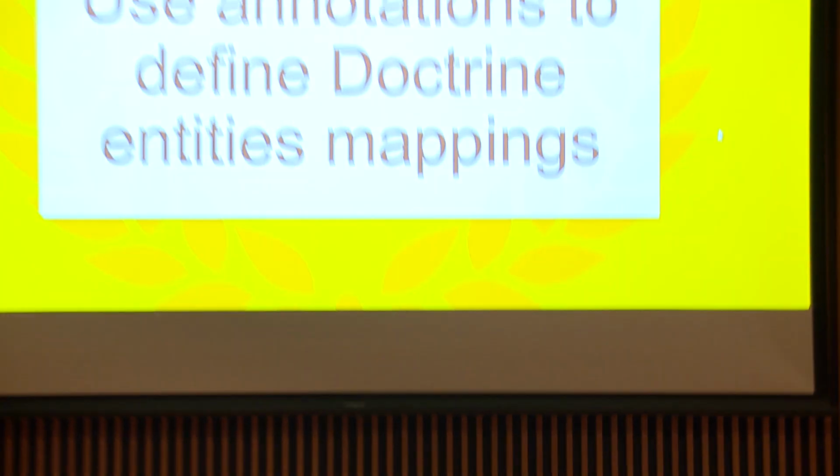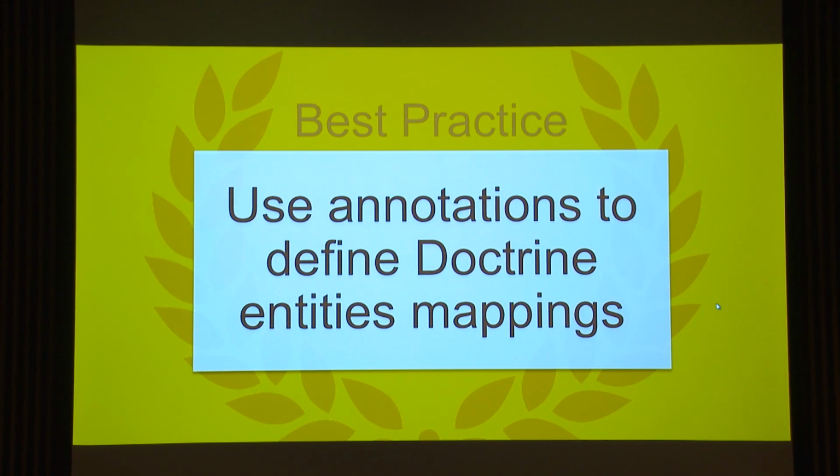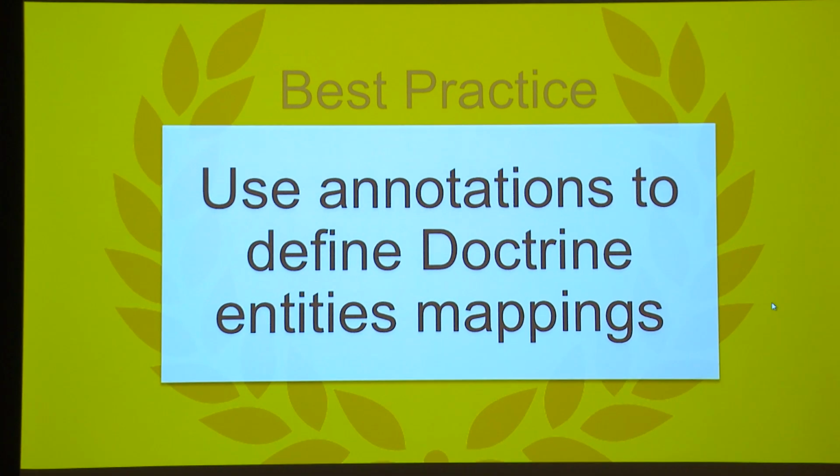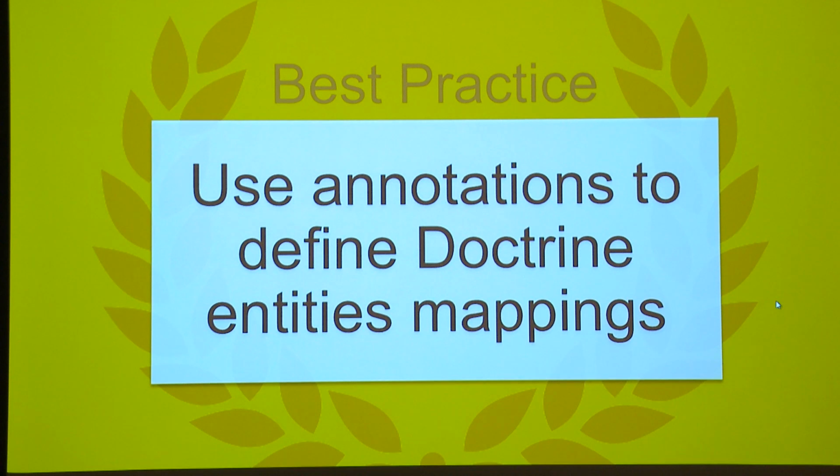Doctrine entities. Use annotations to define Doctrine entities mappings. There are other ways, but by having annotations, you have locality. So you have the code and the annotation at the same place. It's obvious. And in your team, everyone will figure out very easily where the mapping is declared. It's in the entity file.